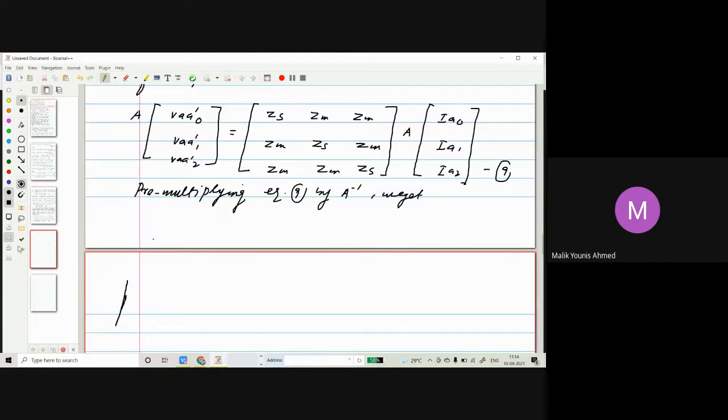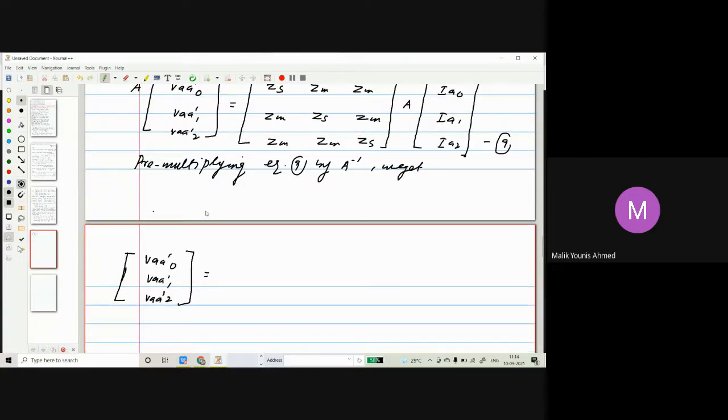So I'll be writing here simply the value of this matrix, VAA' 0, VAA' 1, VAA' 2. That should be equal to A inverse on this side. Rest of the matrix will be the same.